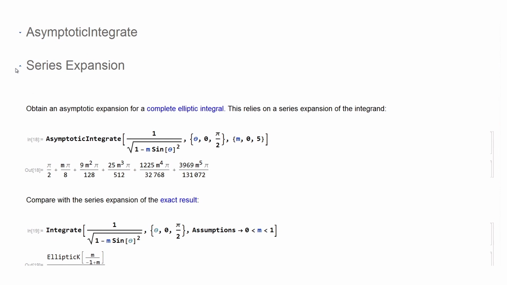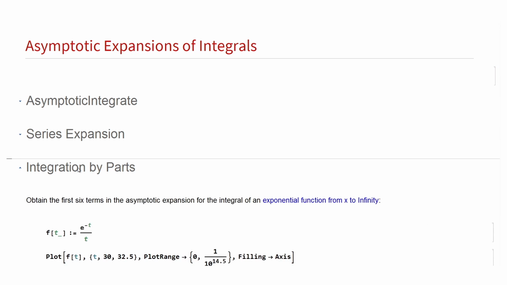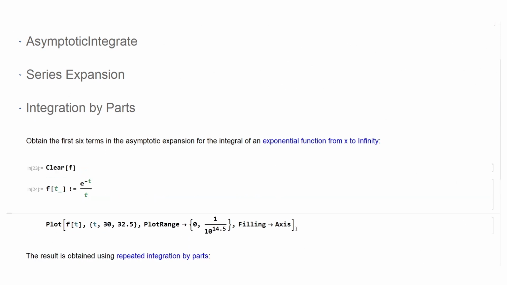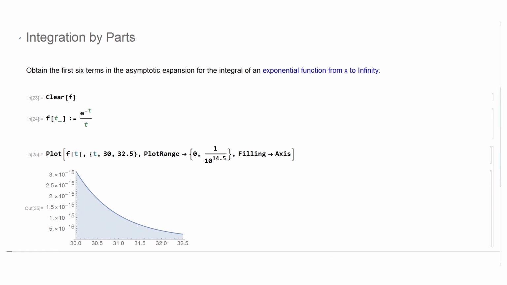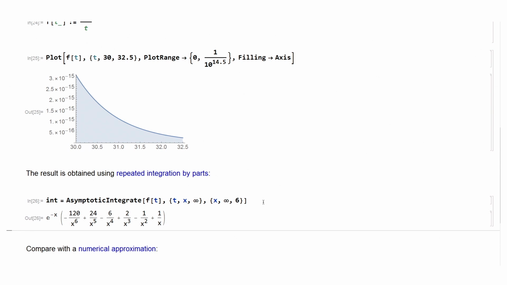But the other way is to look at NIntegrate, its numerical counterpart. So here's an example where you have an exponentially decaying function. Here's the plot of the function, and I want to find the tail end of the integral over here. So I do an asymptotic integrate, but this time it used repeated integration by parts.